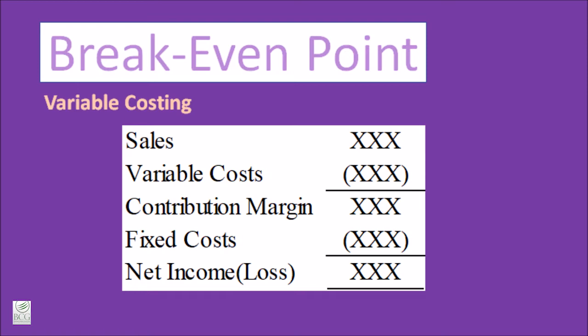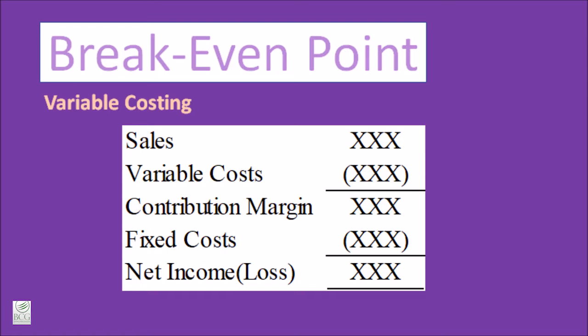Now, fixed cost, regardless of how many items you have sold or how many items you have produced, will remain the same. And that is what break-even point analysis is. We have to equate the contribution margin to the fixed cost in order to get a break-even point, or a net income or net loss of zero.